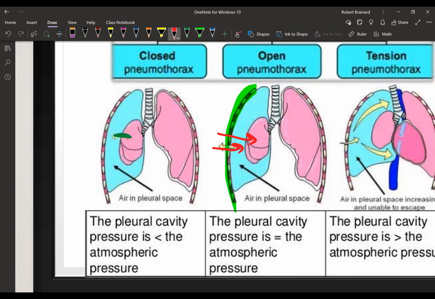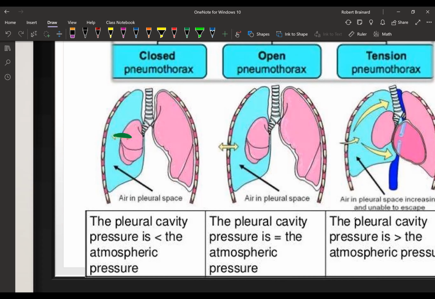You think, I'm going to plug this and get an air valve in there, so that every time air comes in, maybe you intubate them and open up their lungs forcibly, but their lungs aren't opening up. You're like, why aren't their lungs opening up? Well, it's because you still have a hole maybe right there in the lungs.